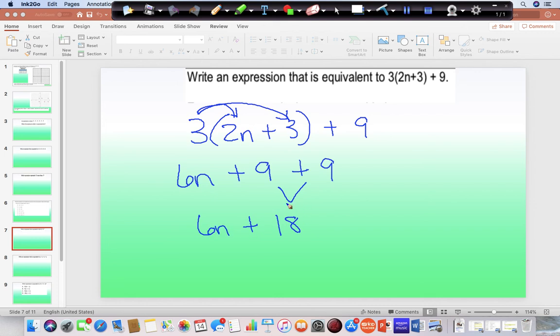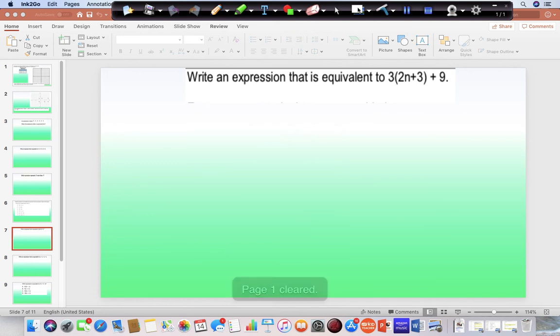And this is as far as our answer goes. Remember, you cannot add variables to numbers without variables. You can certainly multiply them, but you cannot add or subtract them. Multiplying, yes. Adding and subtracting, no. So this is as far as it goes unless it told you that n was equal to a number, but it did not tell us that, so that's as far as your answer goes.